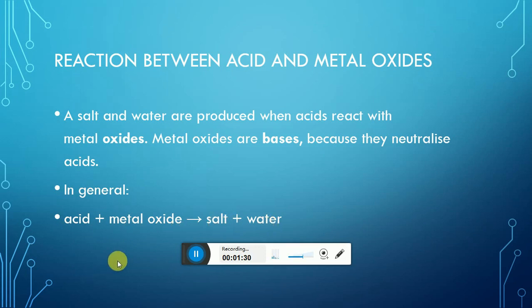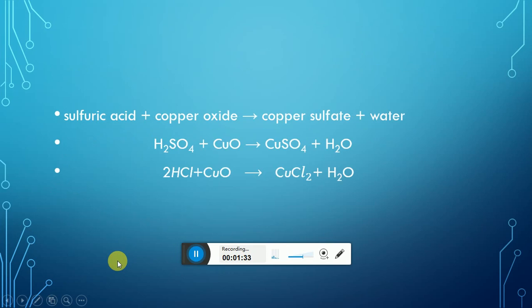The example we discussed, in short, was sulfuric acid reacting with copper oxide, which gives us copper sulfate and water. If you look at this example in detail, this is a double displacement reaction actually. Copper is joined with the sulfate SO4, so it gives us copper sulfate. As I told you in the previous lecture, whenever there is SO4, that will be sulfate.